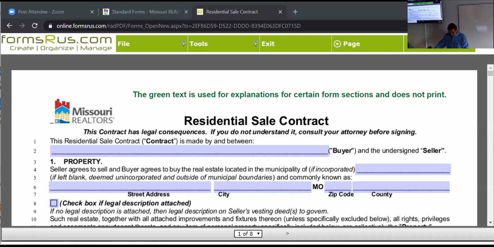If they're going to deliver it and you check that box, it's part of your job as an agent to ensure that check makes it to the title company. People get busy, and maybe they're quarantined at home or something, and they forget about these things, but you've got to get that earnest money check in there.